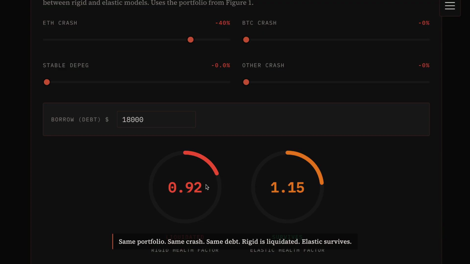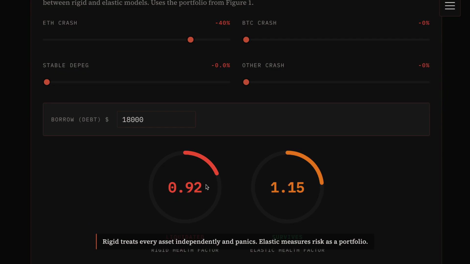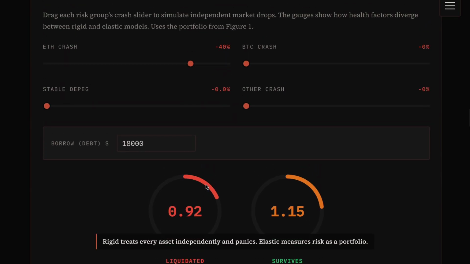But in the case of the elastic health factor, the portfolio survives. It's at 1.15. Same portfolio, same crash, same debt, but the rigid borrowing power treats every asset independently, while the elastic borrowing power sees diversification through BTC, USDC, LINK, absorbing the shock that happens to Ethereum.